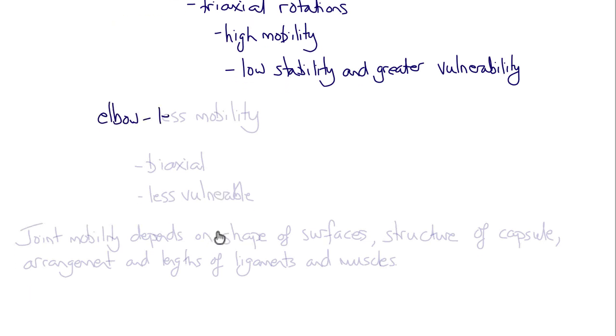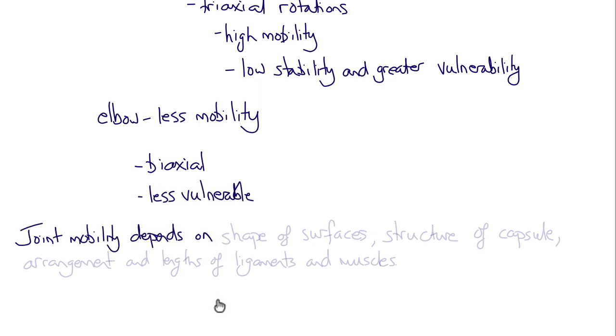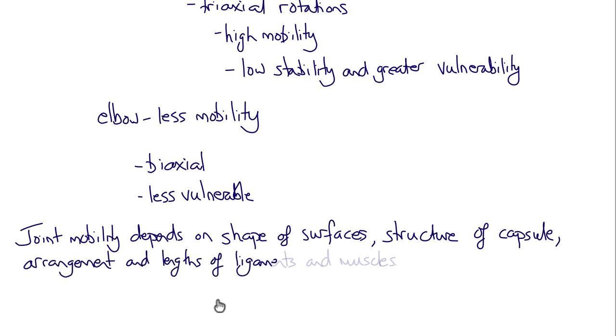Then there's the elbow, which has less mobility because it only has biaxial degrees of freedom, but it's also less vulnerable to injury than the shoulder. Joint mobility depends on the nature and shape of the articulating surfaces, the structure of the capsular ligament, and the lengths and arrangements of the ligaments and muscles surrounding the joint.